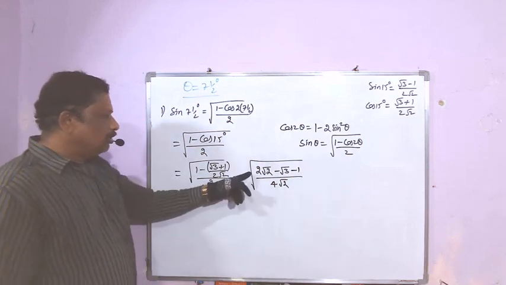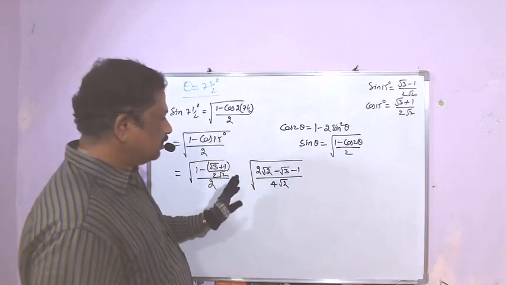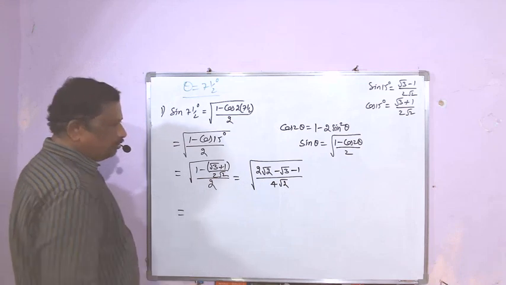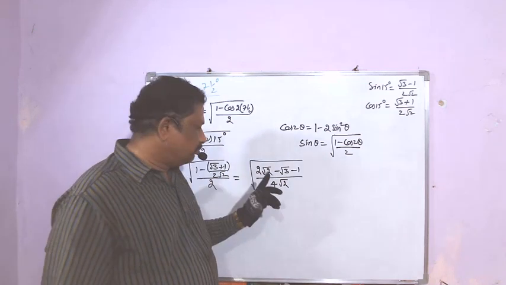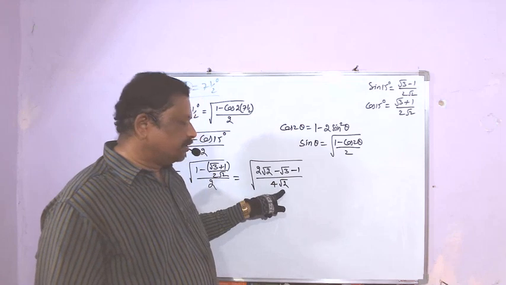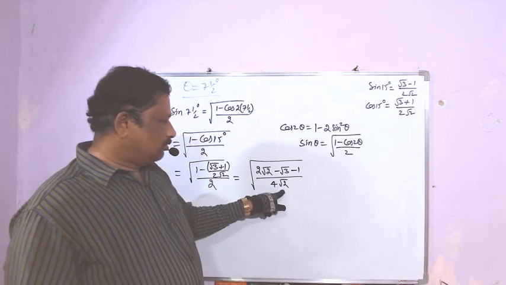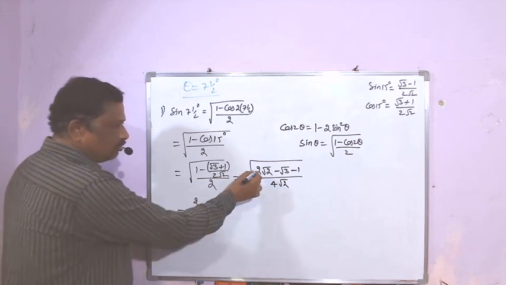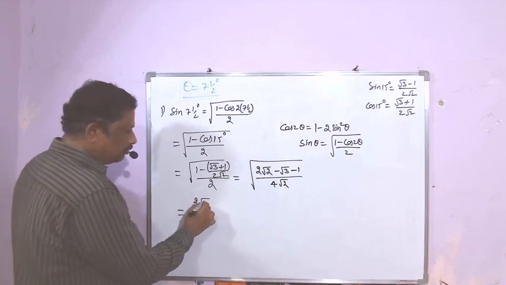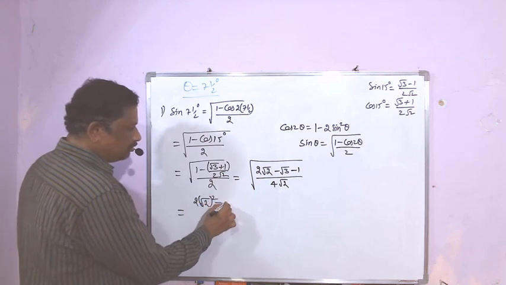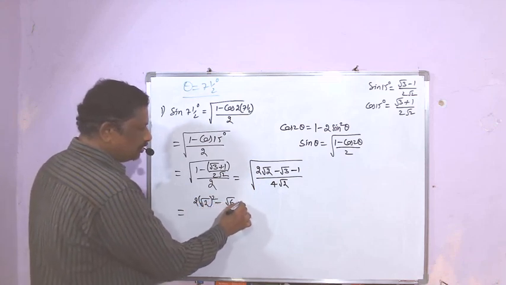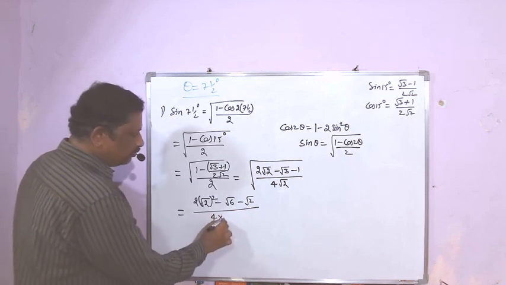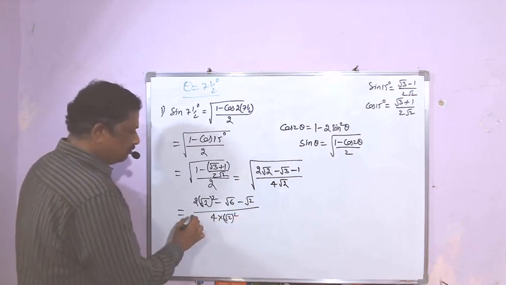Now numerator and denominator you have to multiply with root 2. So what do we get here? If you multiply numerator and denominator by root 2 to simplify this root 2 value, this becomes root 2 into root 2, whole square, minus root 6 minus root 2, whole divided by 2 into root 2 whole square.